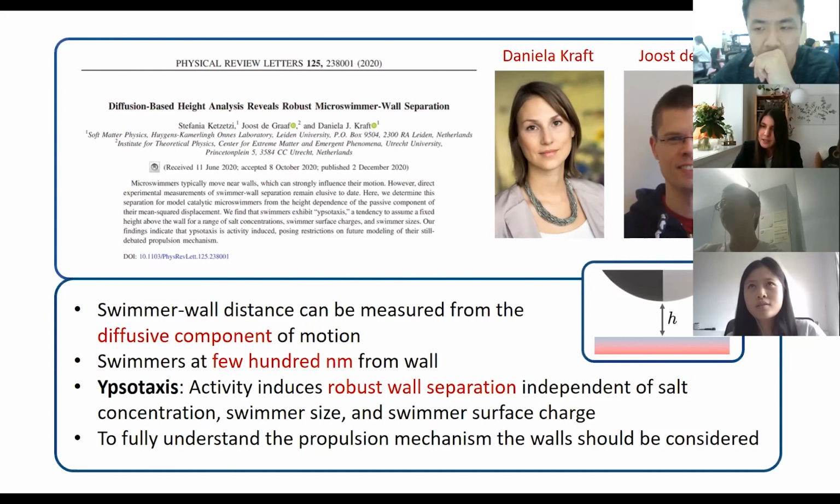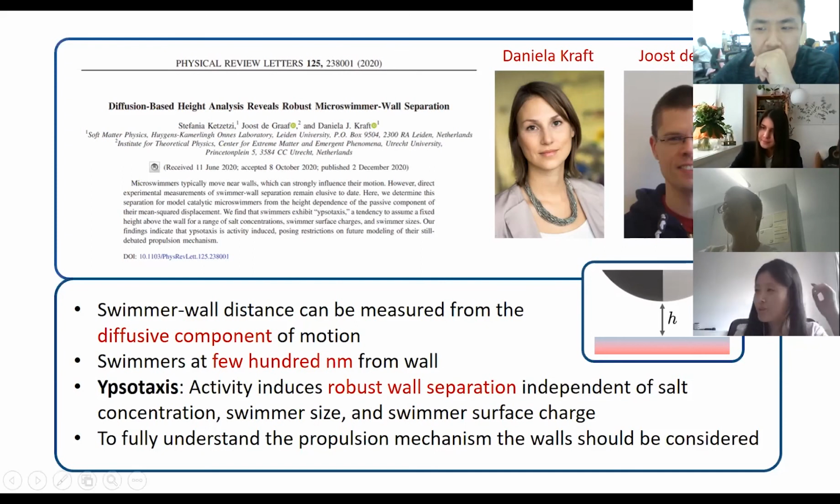Again, we thought this speaks more in favor of a wall effect rather than an effect that happens around the particle. I don't know if that was very clear. Okay, so maybe the electric effect is really less there.